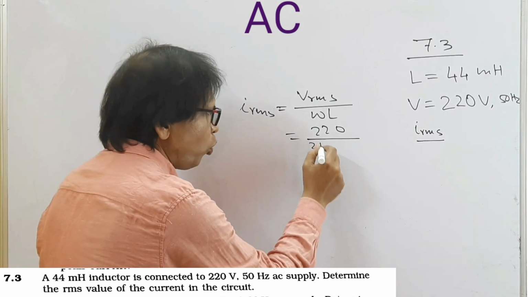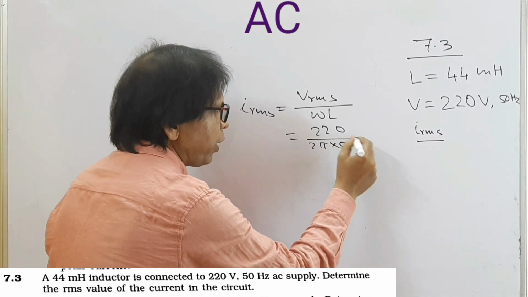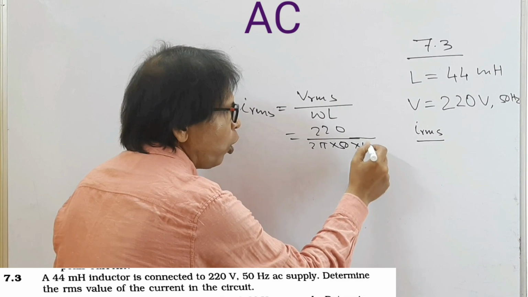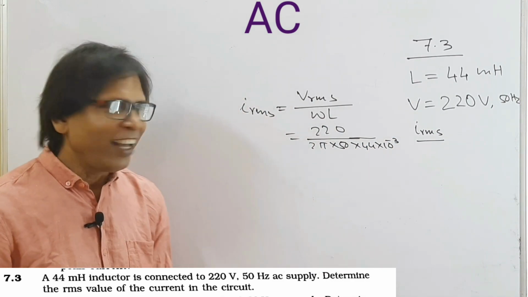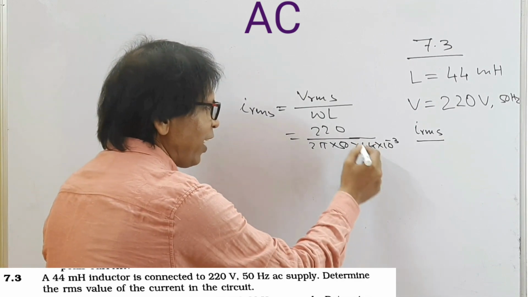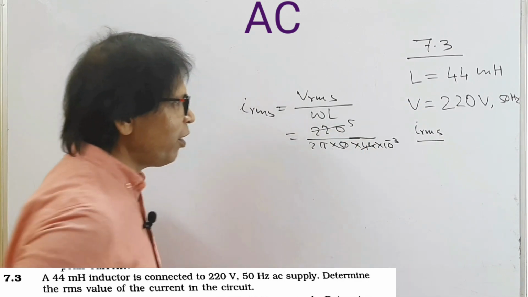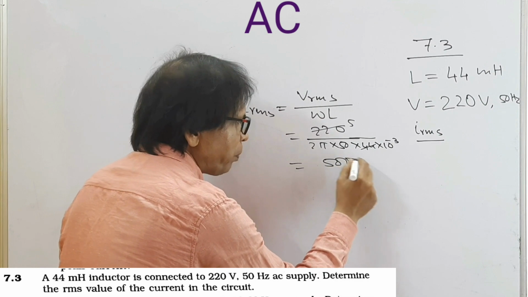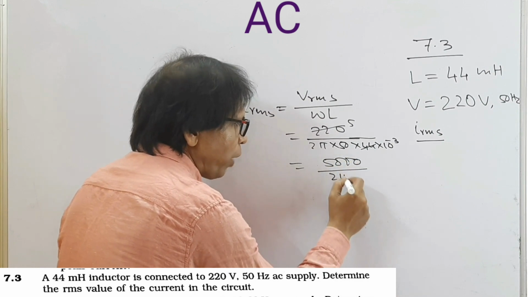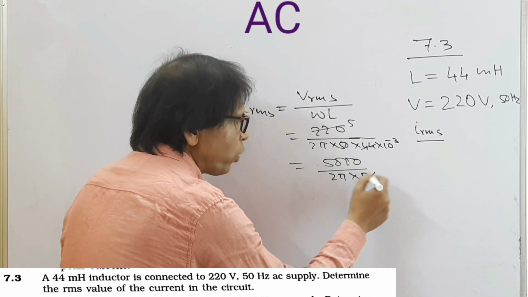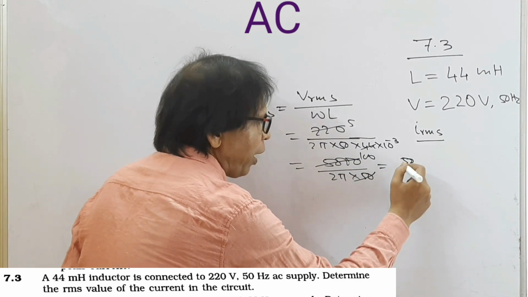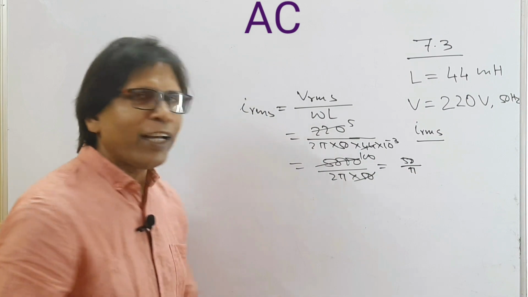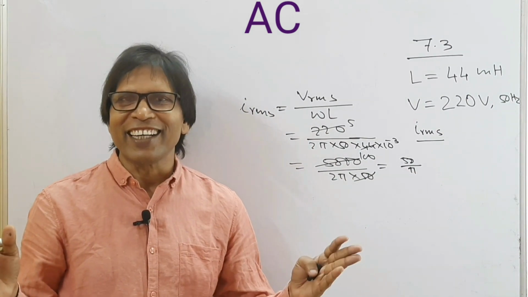So this is 2 pi into frequency 50 and this is 44 into 10 to the power minus 3. Now this is 50,000 divided by 2 pi into 50, and this is the 100. So 50 by pi is the RMS current in the circuit.